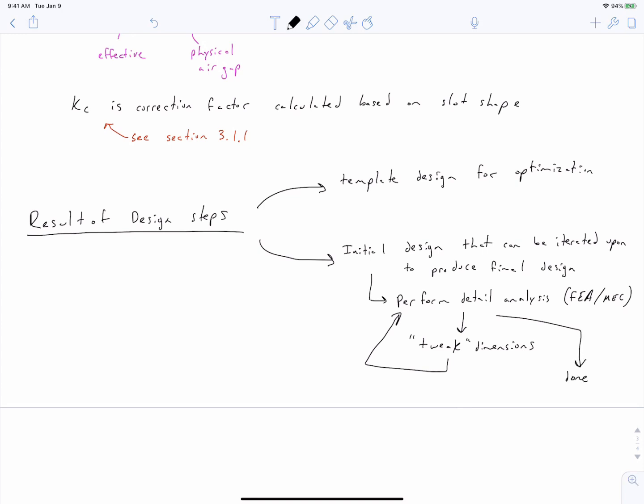So this is just a crude way that you can come up with your final design if you don't want to deal with all the overhead of doing a complete design optimization. That is, you use these analytic steps to roughly dimension your design, and then you analyze your design and you use your engineering knowledge to modify your dimensions so as to improve your design metrics. That is, your torque density, your torque ripple, your efficiency, and so on.